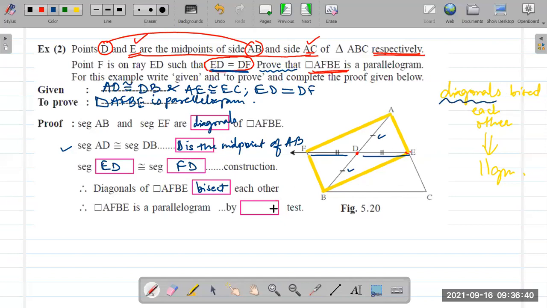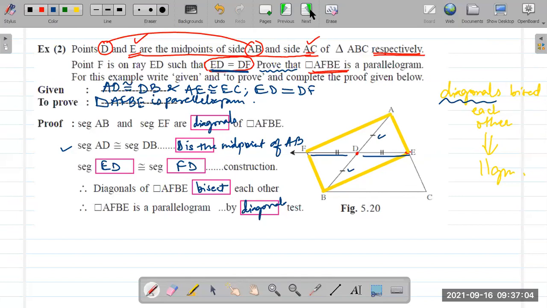Okay, we need to write it as a diagonals test. Since the diagonals bisect each other, therefore this is a parallelogram. So just by looking at the diagram, one can identify it very easily.